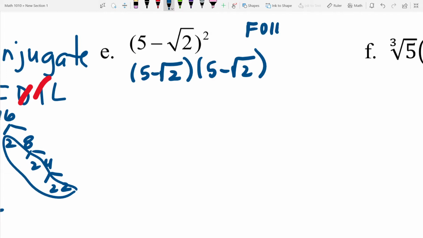Everybody write down the word FOIL. F stands for first. That's this. 5 times 5. 5 times 5 is 25. Outside is this. 5 times a negative square root of 2. The 5 is on the outside. Square root of 2 is on the inside. It's going to stay that way. So it's just minus 5 square root of 2.